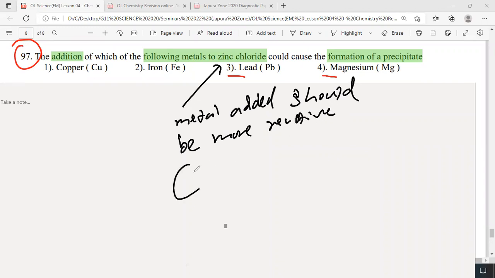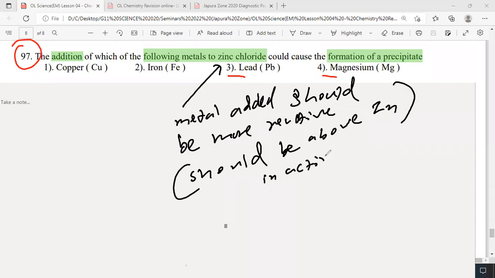Or you can write: should be above zinc in the activity series. Is that clear? Who is above zinc out of these? The answer is magnesium.